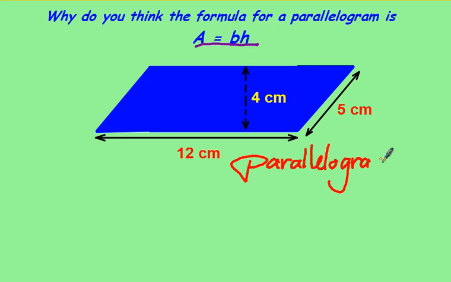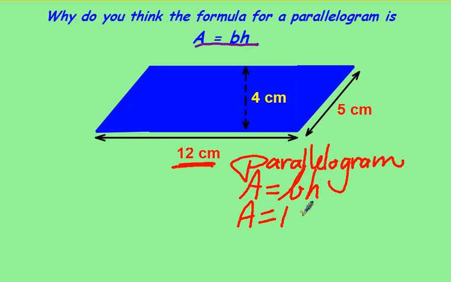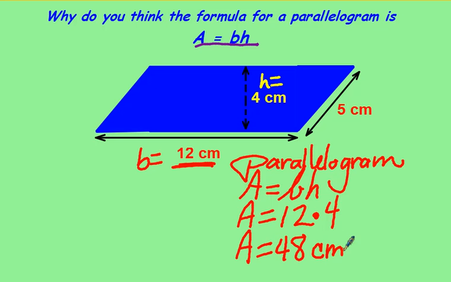Now the formula for the area of a parallelogram is A equals BH, base times height. Substitute for your variables. The base right here is 12. So base equals 12. And over here your height equals 4. So base times height. Your area of this parallelogram is 48 square centimeters.